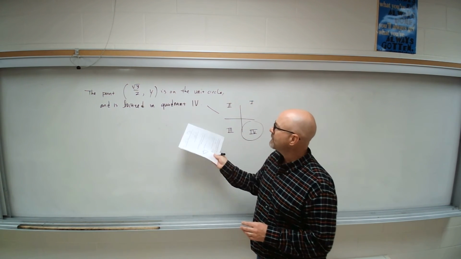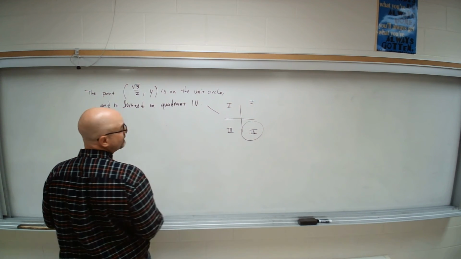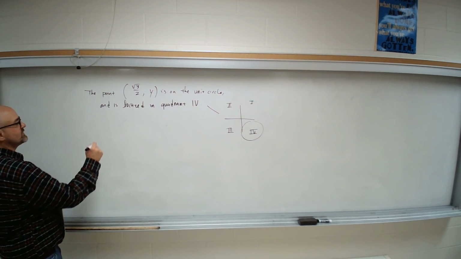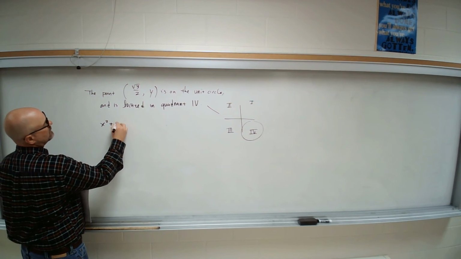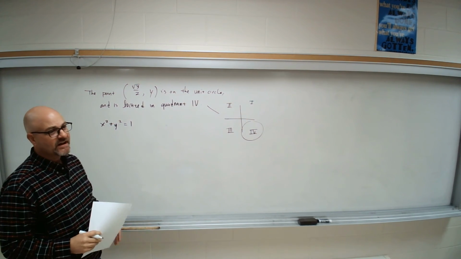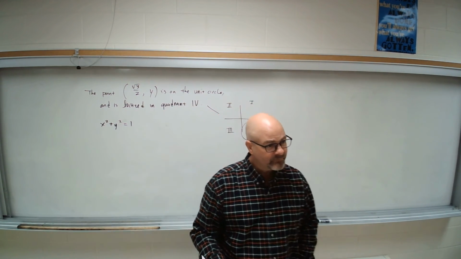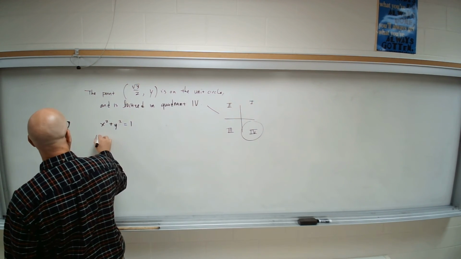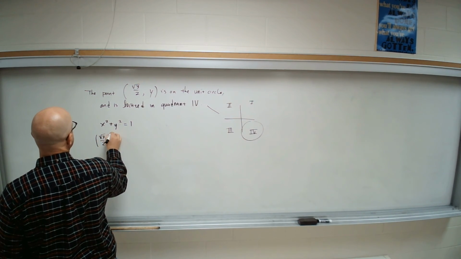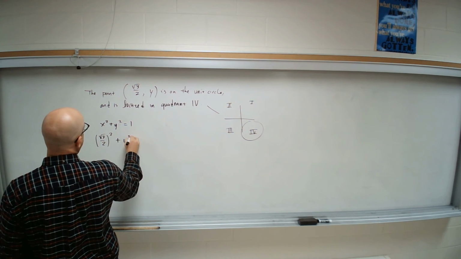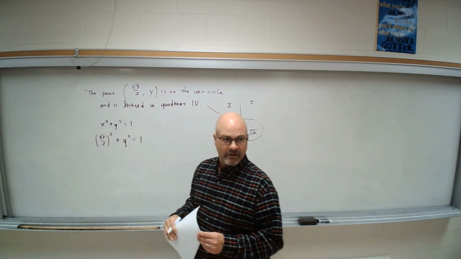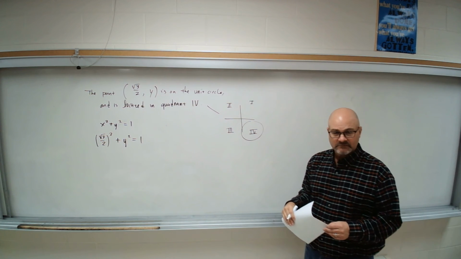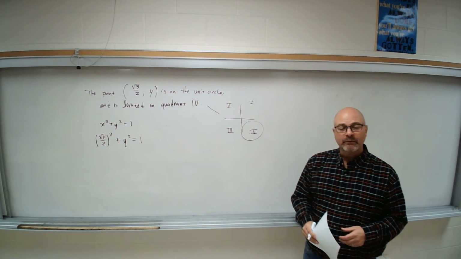Okay, so with this one, again, if it's on the unit circle, we know it has to fit the equation x squared plus y squared equals 1. We'll get radical 3 over 2 squared plus y squared equals 1. We'll square radical 3 over 2.